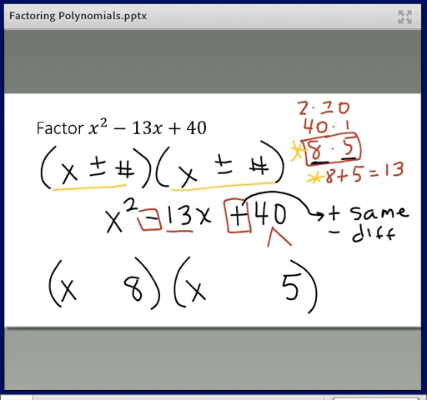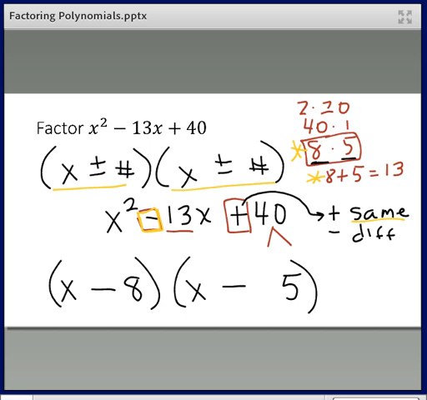Now, I have a plus sign, so they're the same. Which sign should I put? That's where this one comes in. I look at that and put that sign in both factors. And so that is how it is factored: x minus 8 times x minus 5.